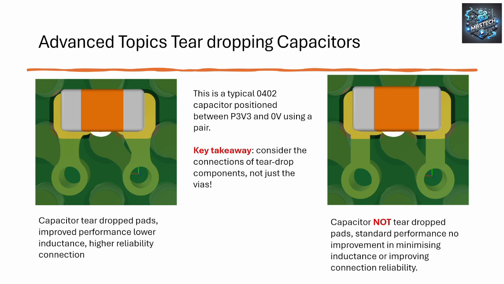And I've added more copper. It doesn't really impact signal integrity at all, to be honest. And that's super high frequency, right? Of which you'd be using microvias as well with micro teardrops, so it all scales as well. So that's what I do. So the key takeaway is consider connections to the teardrop components, not just the vias.